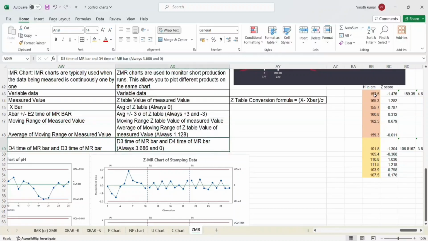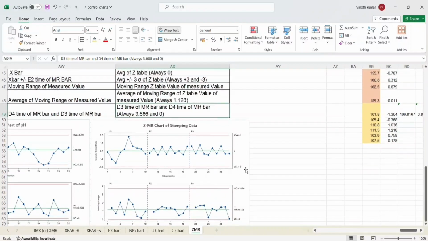to IMR chart. The center line will be the average of your moving ranges and your upper control limit will be D4 times your moving range average and lower control limit will be D3 times the moving range average, and both your center line and upper and lower control limits for your moving range always will be 1.128, 3.686 and 0.